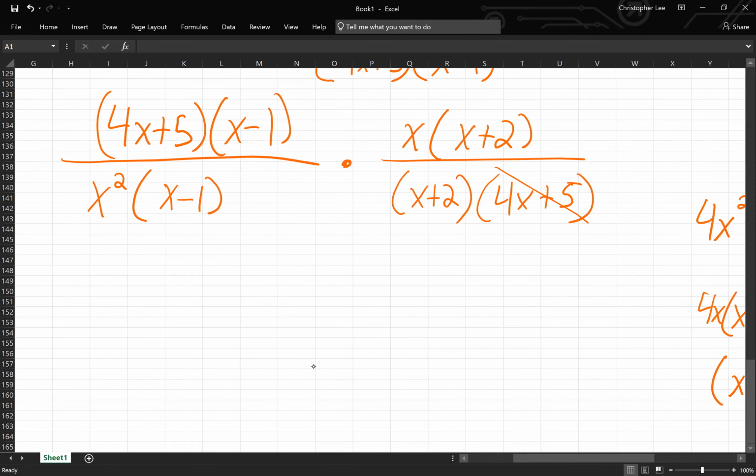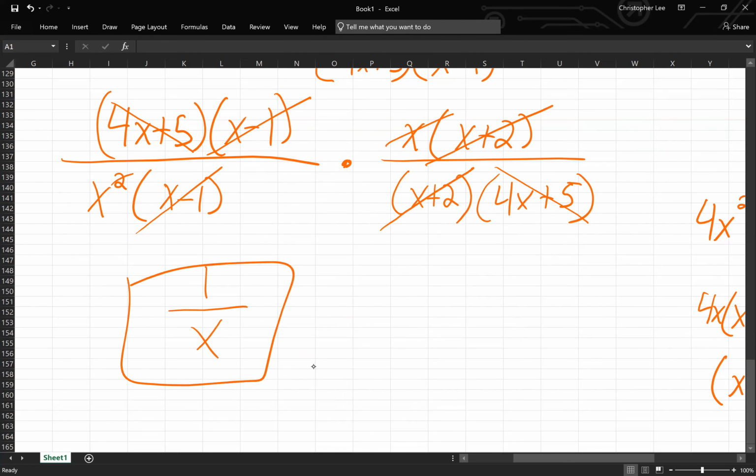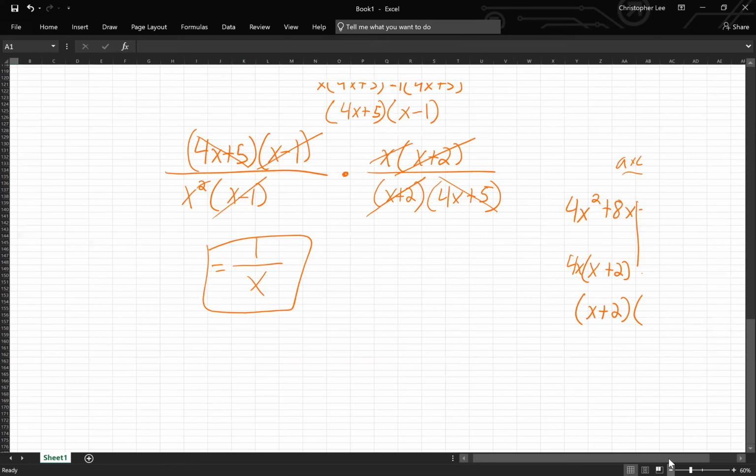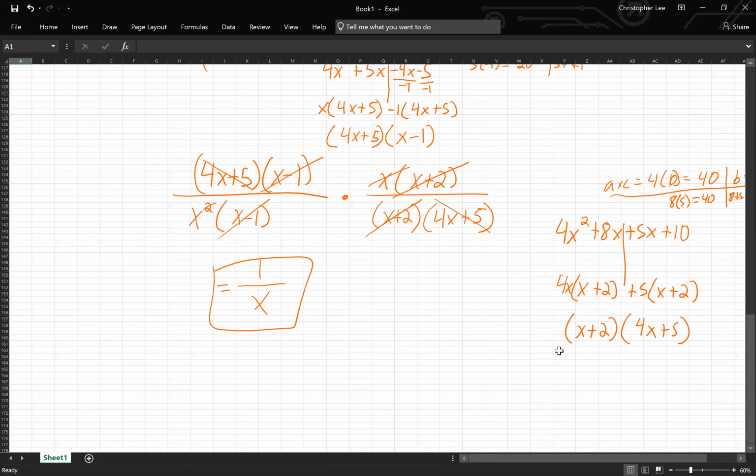So I got the 4x plus 5, x minus 1, x plus 2. I have 1x here and an x squared here. So what's my answer? 1 over x. And that's it. So that's not bad.